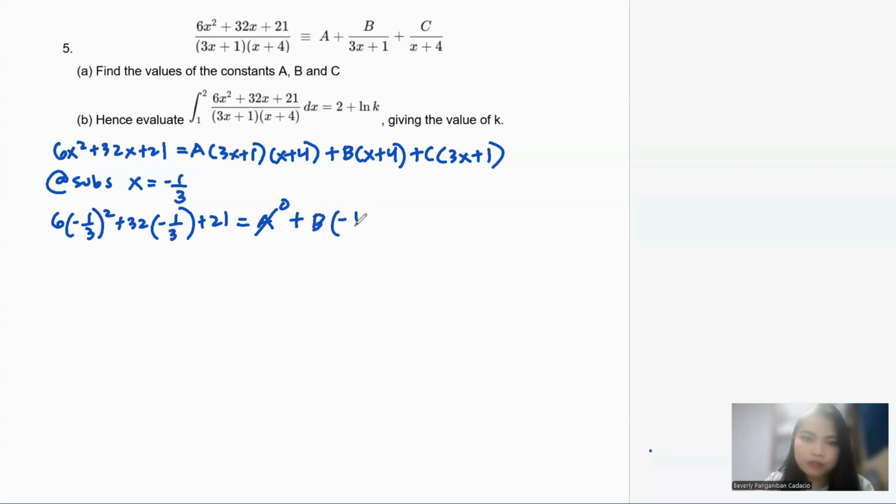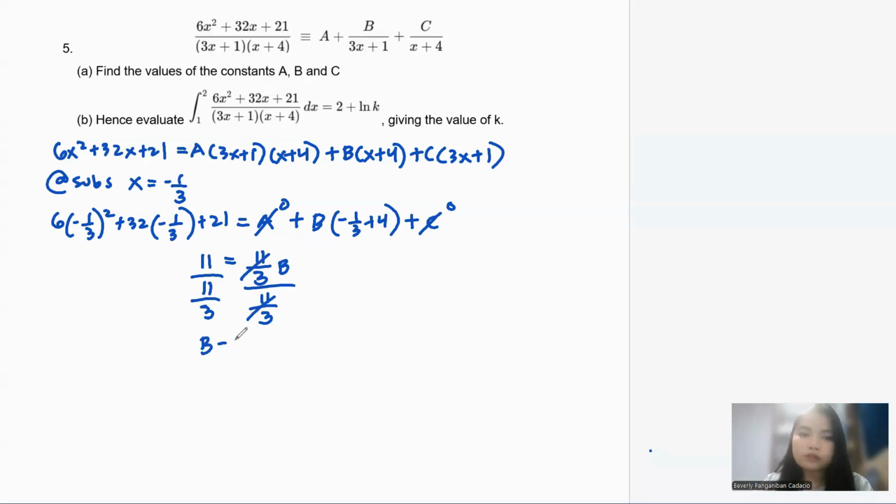So you have negative 1/3 plus 4, and the C is actually just going to be 0. On the left side, I will have 11 when you put that in the calculator, and on the other side, you're going to have 11 over 3 B. Divide both sides by 11 over 3, and therefore your B will be equal to 3.